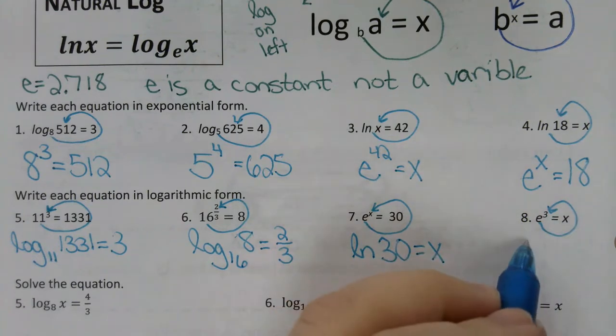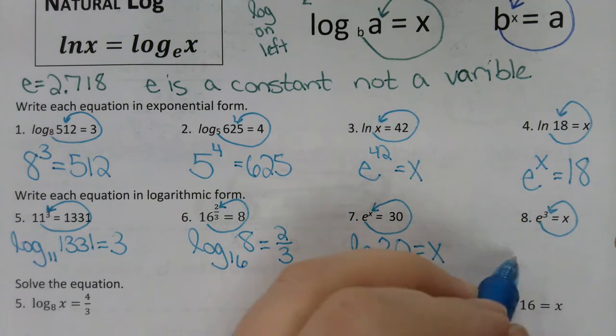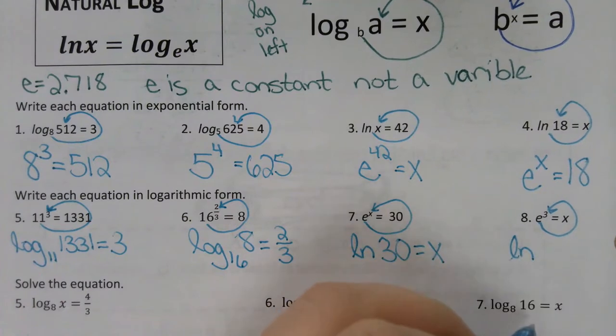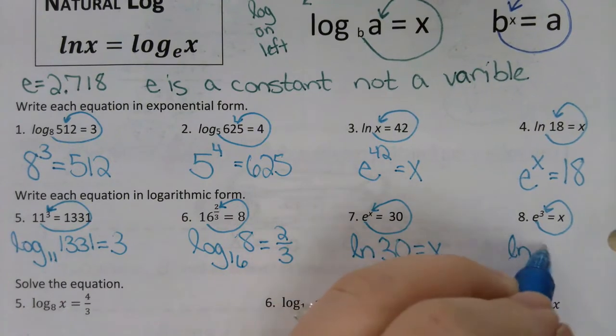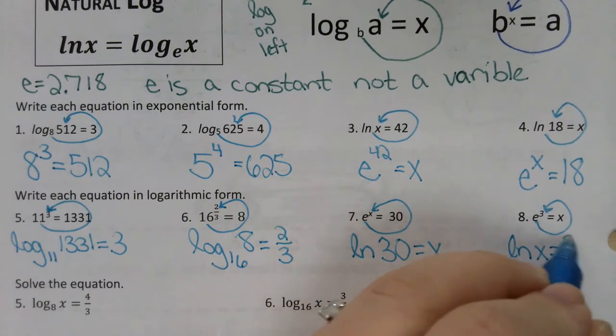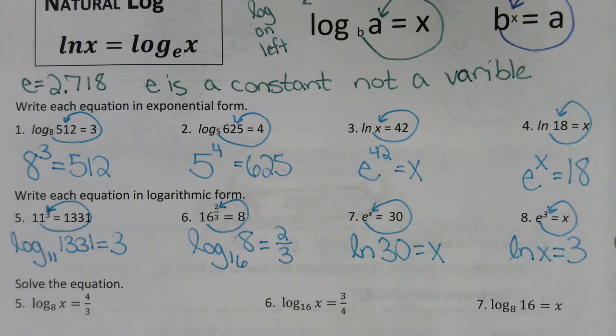And for our last one, log with a base of e is written as ln. The number we're trying to get to is x, and the exponent is 3. So you should be comfortable with flipping both from logarithm to exponential form and exponential form to logarithm form.